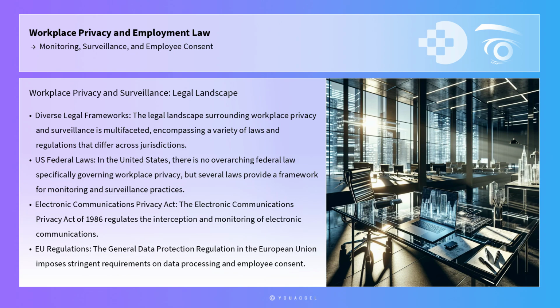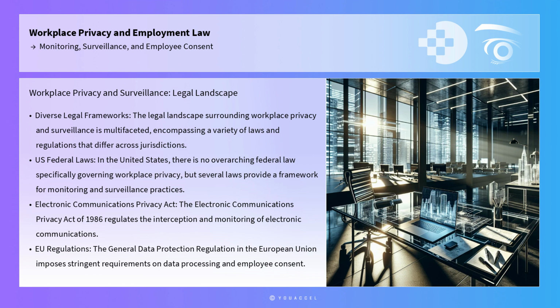The legal landscape surrounding workplace privacy and surveillance is multifaceted, encompassing a variety of laws and regulations that differ across jurisdictions. In the United States, for instance, there is no overarching federal law specifically governing workplace privacy, but several laws provide a framework for monitoring and surveillance practices.